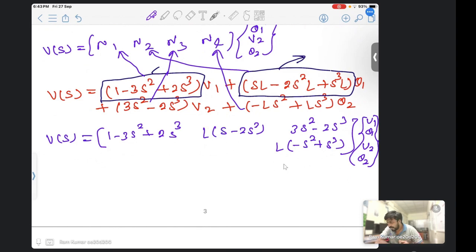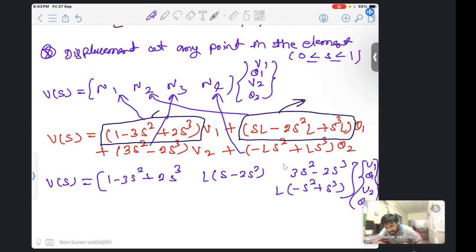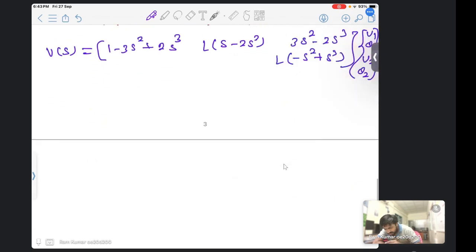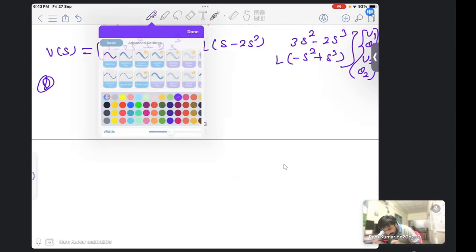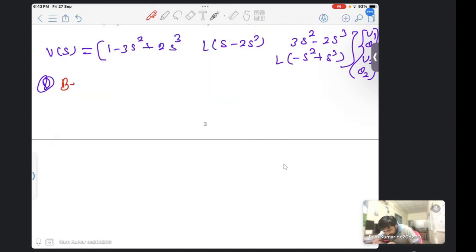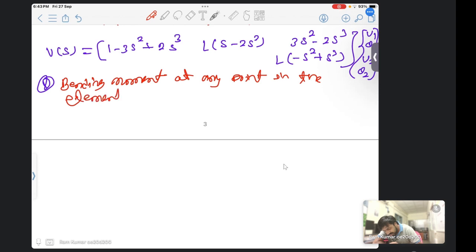Then similarly, the bending moment at any point in the element. The range is between 0 and 1.